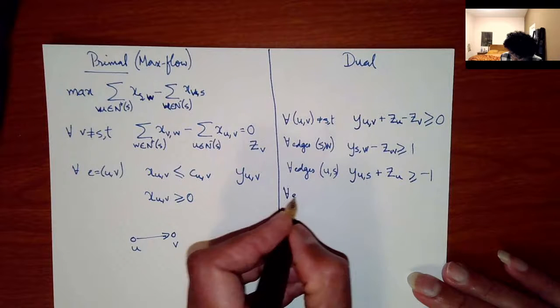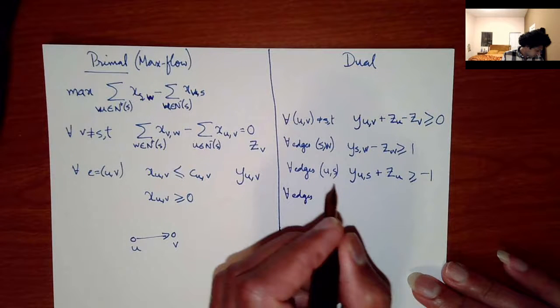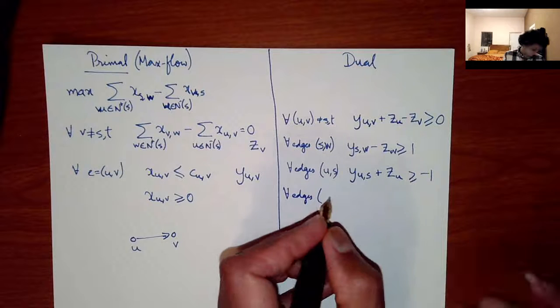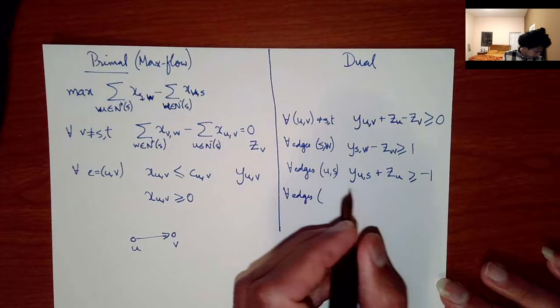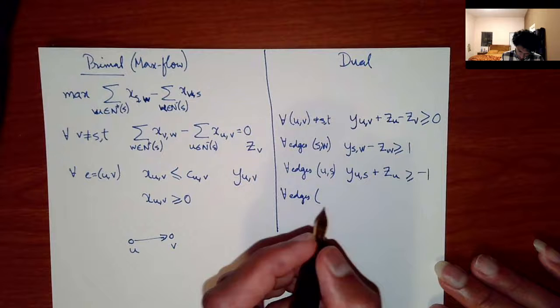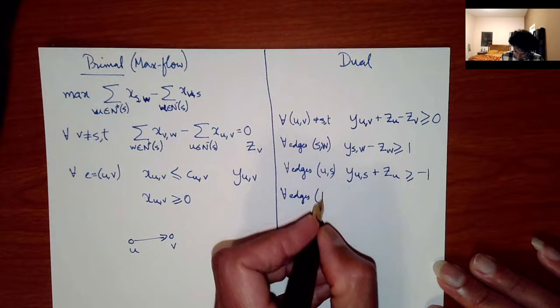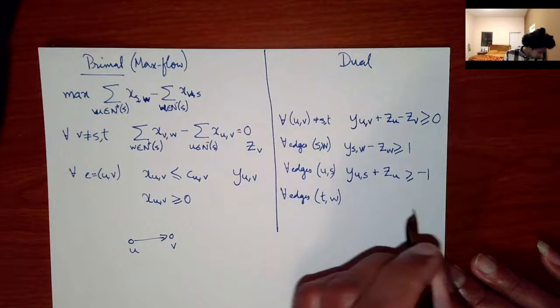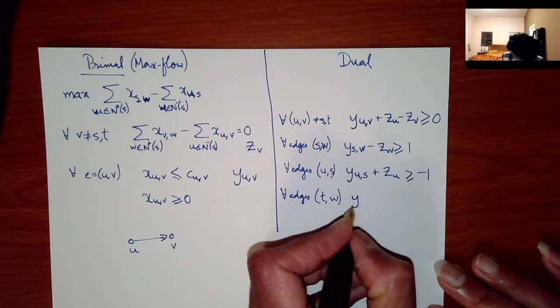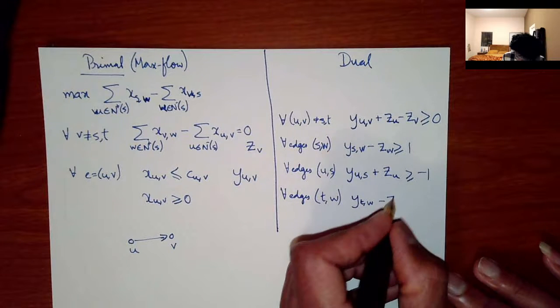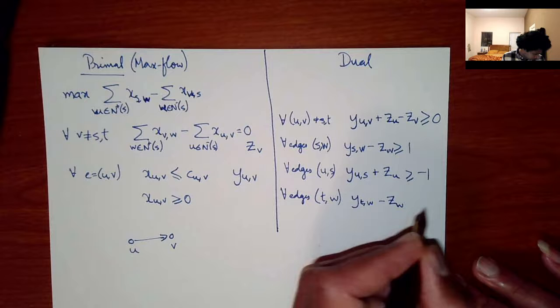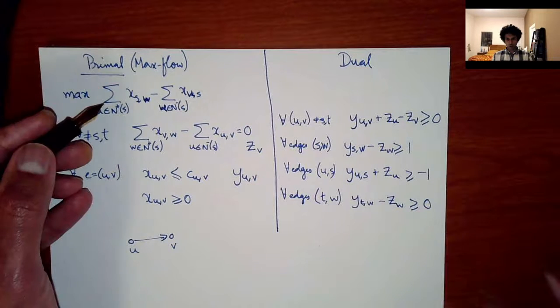And then for all edges, so basically it's a bit mechanical, one has to sit down and write this, but once you write this you will see what's going on here. So for all edges TW, you get YTW minus ZW is greater than 0. You get a 0 because you have a coefficient of 0.